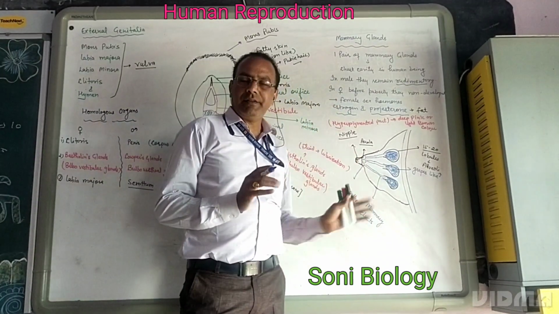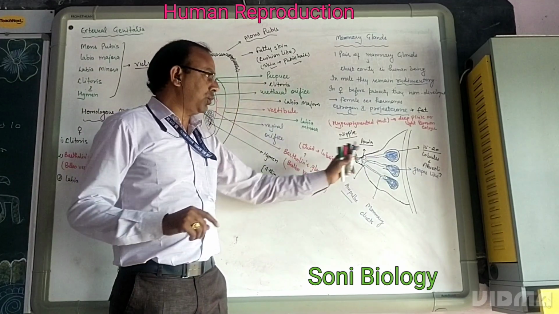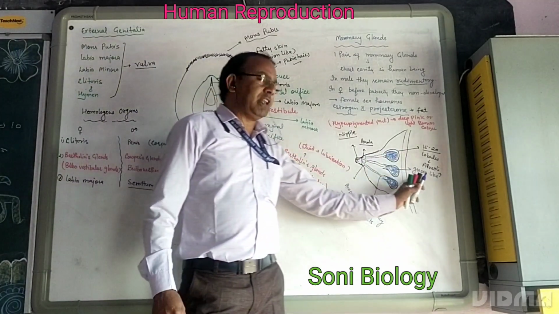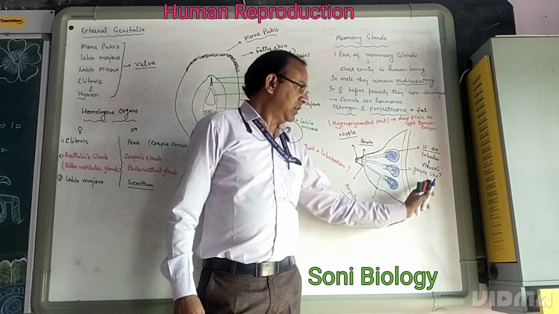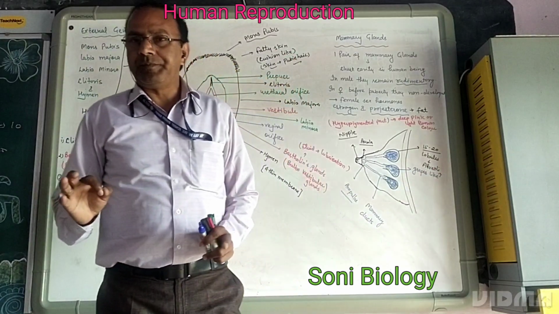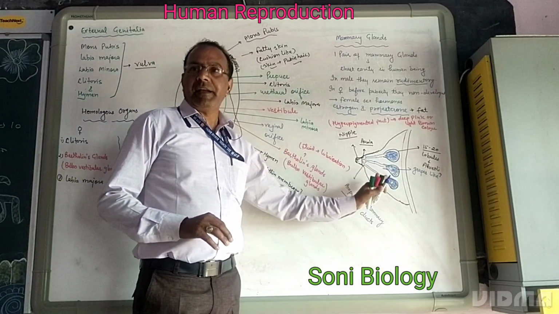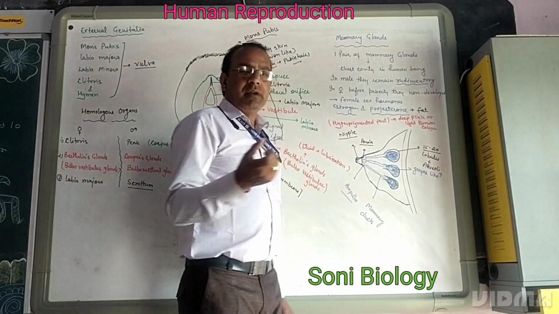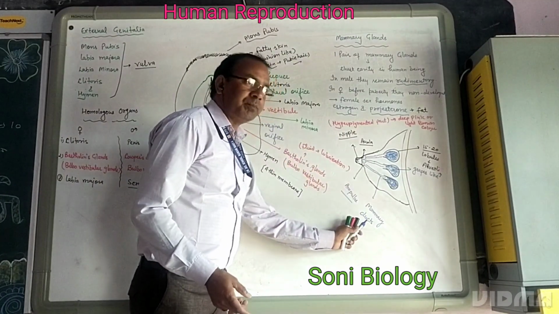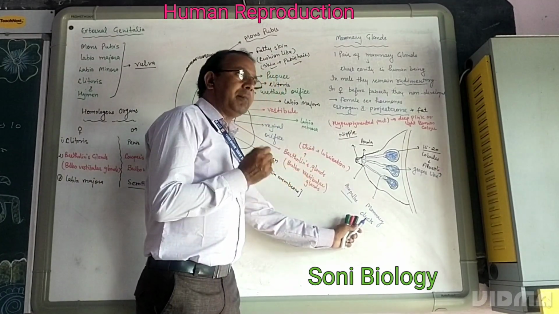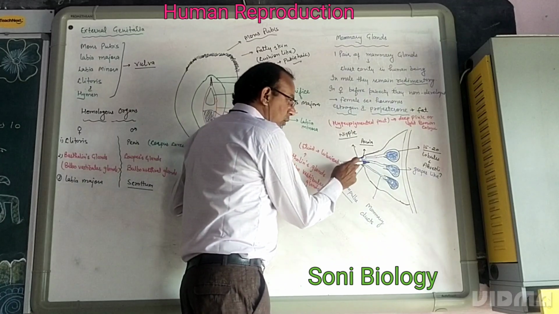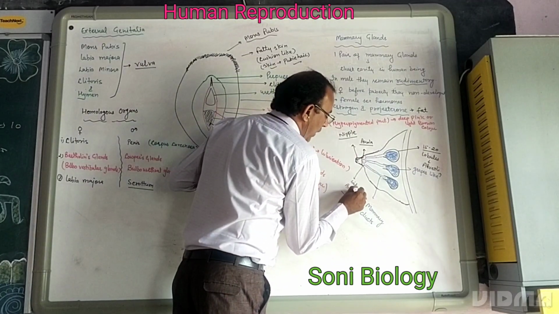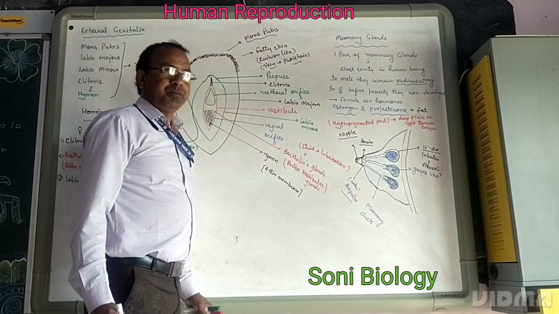Again, listen. In each breast there are 15 to 20 lobules. In each lobule there are many grape-like cells, commonly called alveoli. Here the milk production takes place. The milk passes through the mammary tubules to the mammary ducts, and these ducts in the areolar part become wider. This wider part is called ampullae.